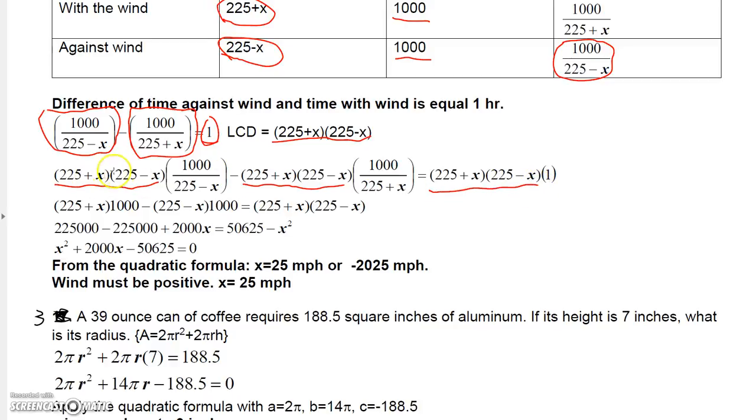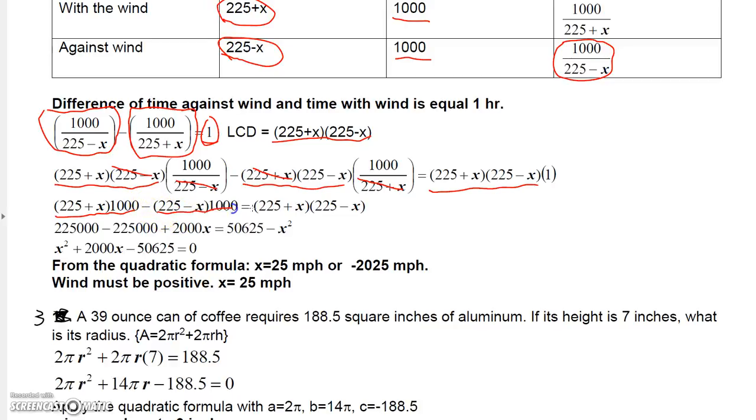Now, when I multiply the first term by it, the 225 minus x's are going to cancel, and I'm going to have 1,000 times 225 plus x. When I multiply the second term by it, the 225 plus x is going to cancel, and I'm going to have 1,000 times 225 minus x. But there's a minus in front of that, right? So there's a minus there.